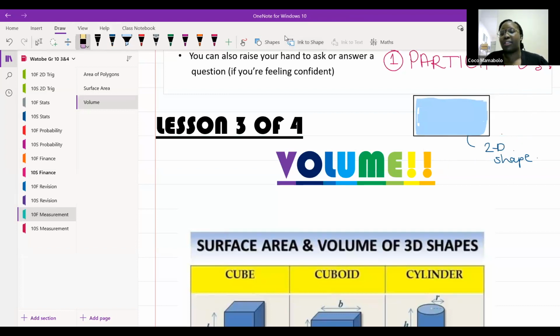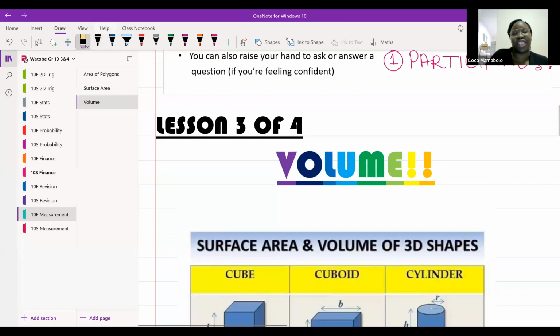All right. So when we talk about calculating the area, we are looking at the area in a shape. When we talk about volume, what kind of shapes are we going to calculate the volume of? They're not going to be 2D, I can tell you that. What kind of shapes are we looking for? Anybody? Good.